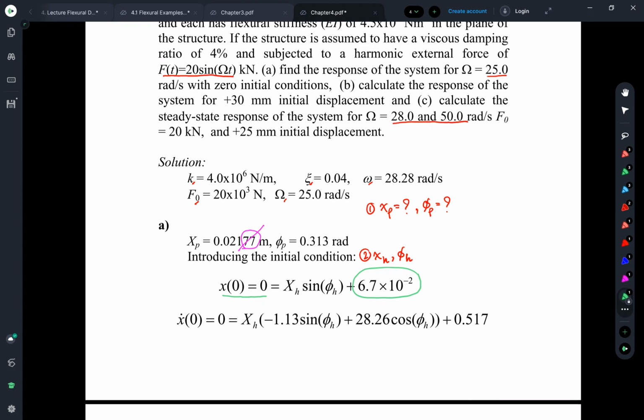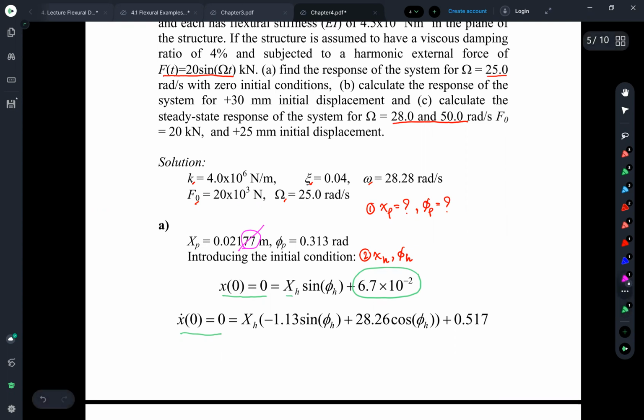Do the same thing with the velocity. Set the velocity equal to zero, perform the derivative on your total solution and introduce time t equal to zero. Of course, you know everything about the particular part. The particular solution is known to you already from the first step, right? So the unknown is only the homogeneous solution, and only two constants are unknown, xh and phi h.